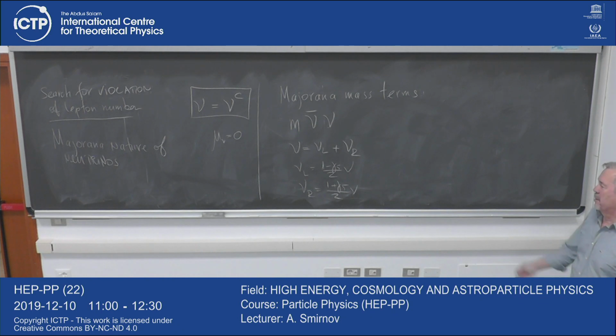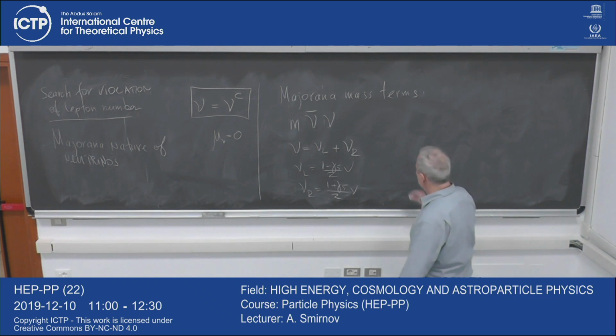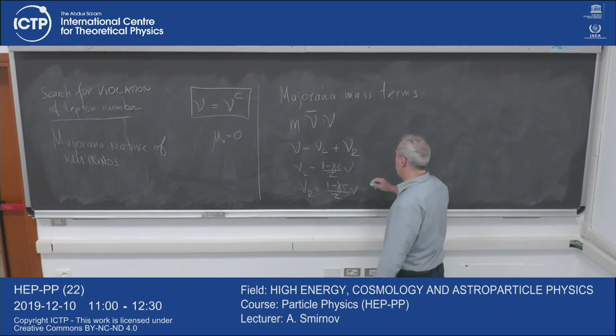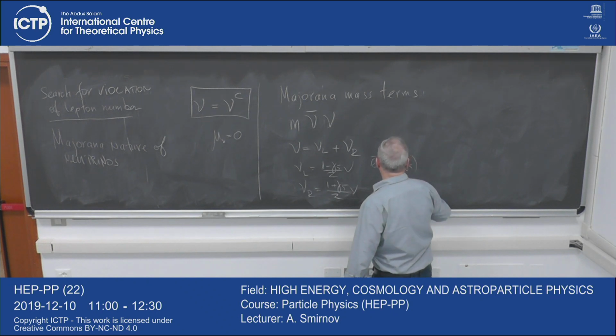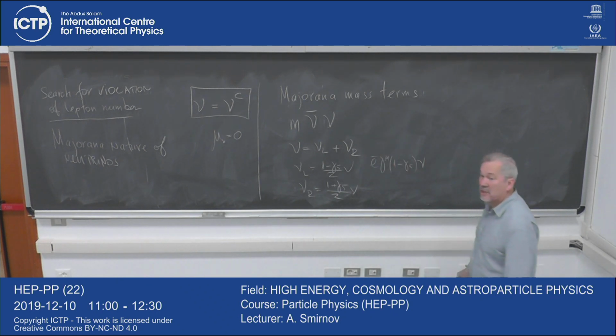Now what is important? Remember we discussed charged currents, and charged currents have V minus A structure. We had interactions like electron-bar, gamma mu, (1 minus gamma 5), and a neutrino. So we have such a charged current, right?